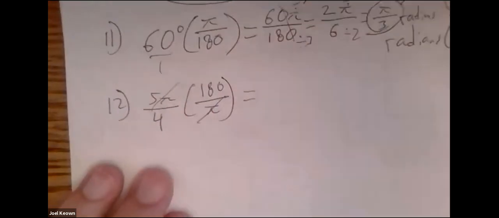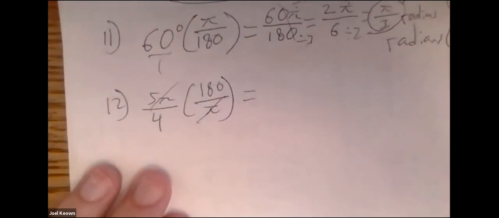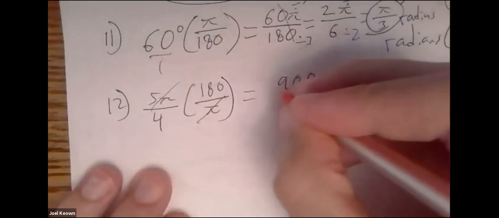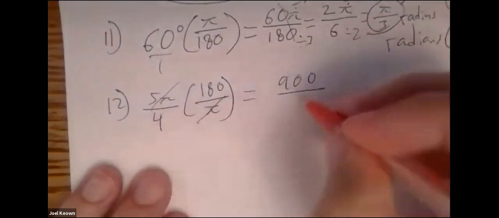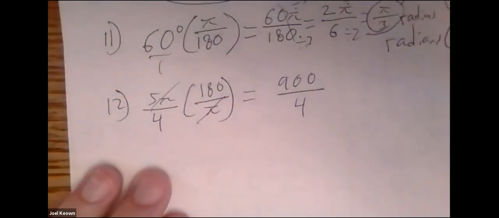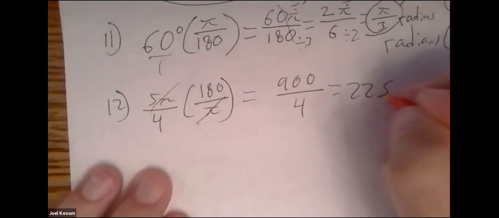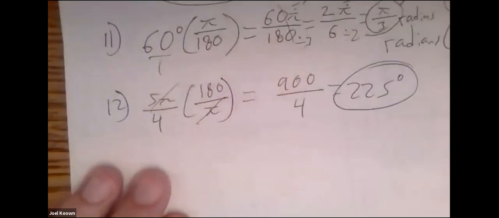I have 5 times 180, 900 over 4. 900 divided by 4 is 225 degrees.